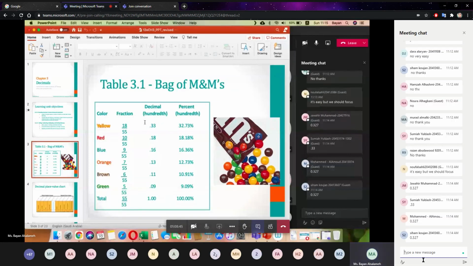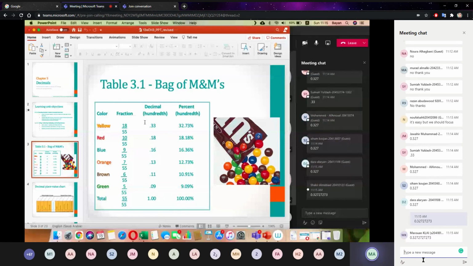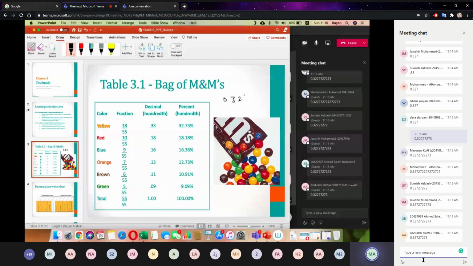Give me all numbers you have in the calculator, not just 3 values. 0.327, that's it? Yes, Shakir. Right, check here. 0.272727273. Right. So this is the answer here. 0.3272727.